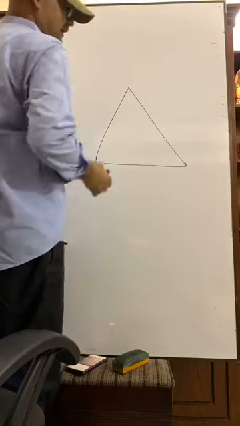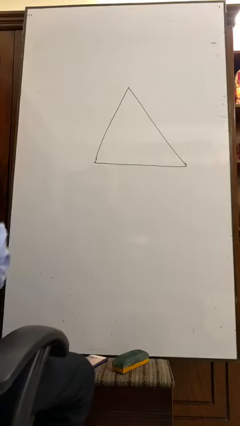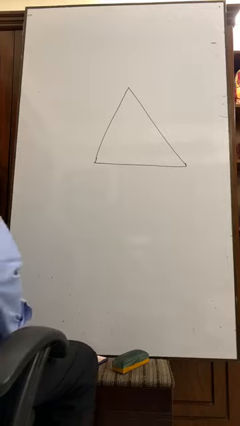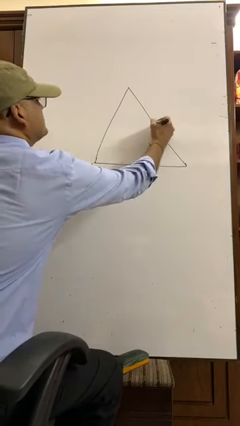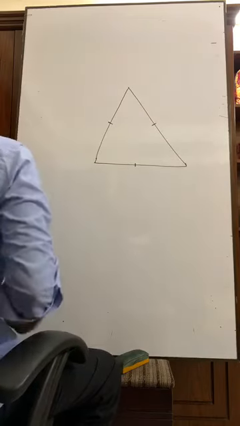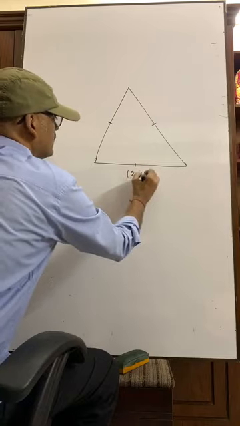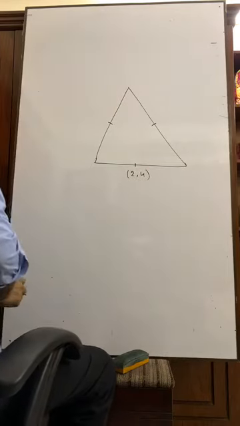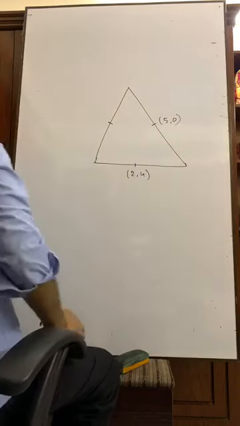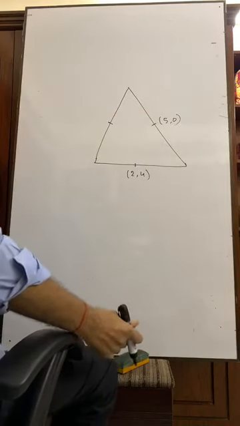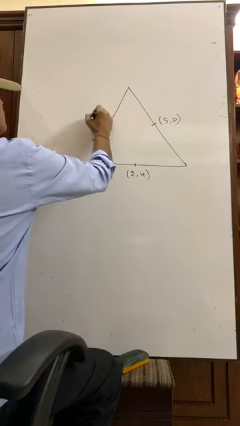This is a triangle. In this triangle, the midpoints are given as 2, 4, then 5, 0, and 4, minus 2.